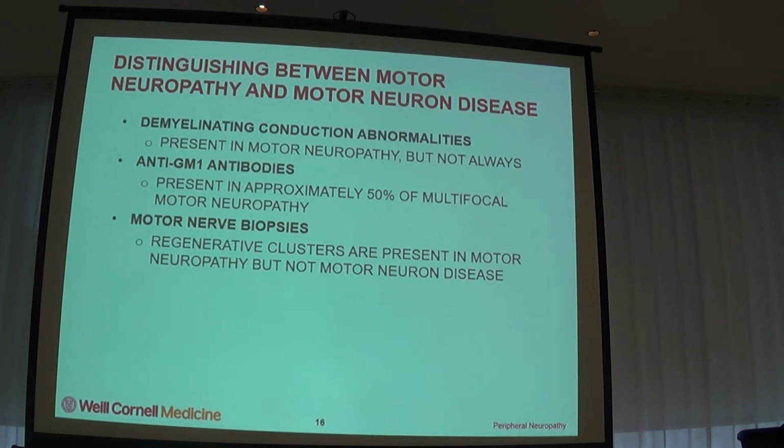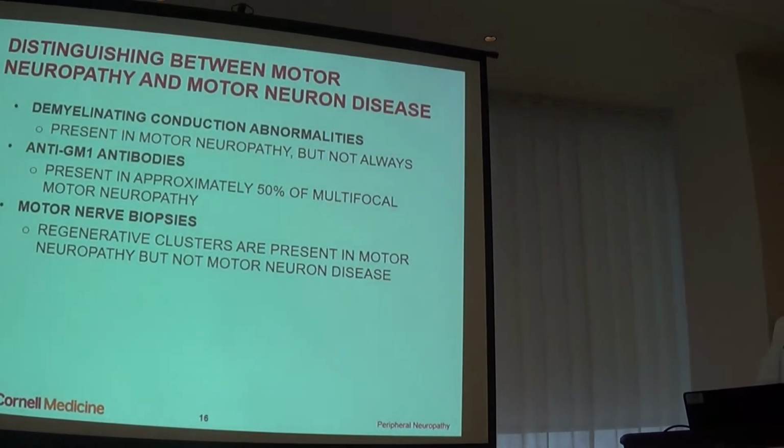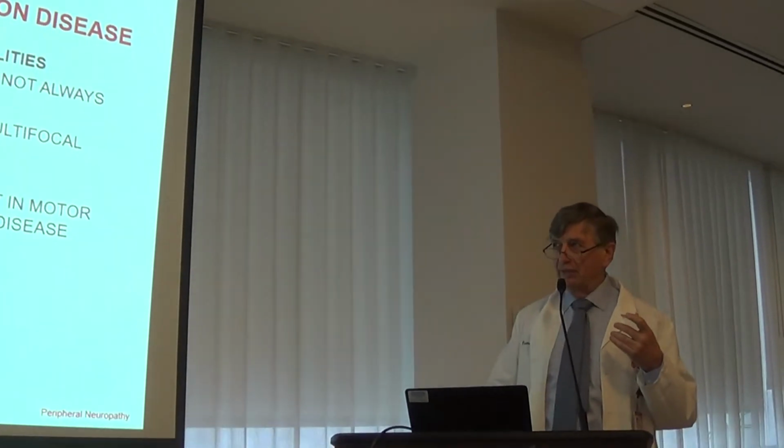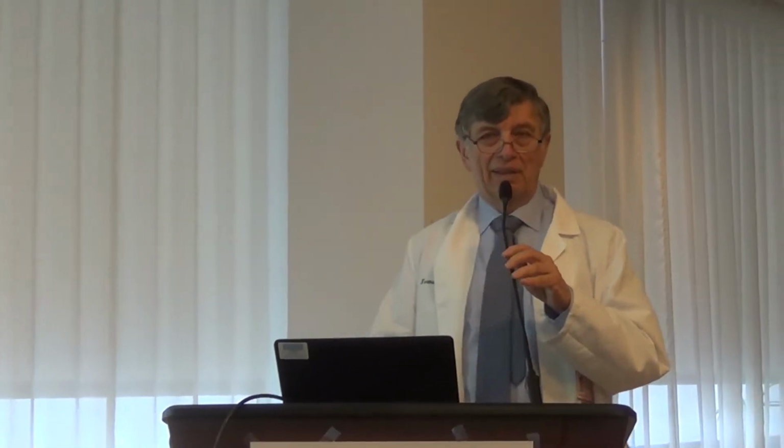Sometimes people with motor neuropathy have high levels of what's called anti-GM1 ganglioside antibodies, which help distinguish between the two conditions. And in cases where the blood tests and the electrical studies are uncertain, you can also do a motor nerve biopsy, which helps you make a diagnosis.